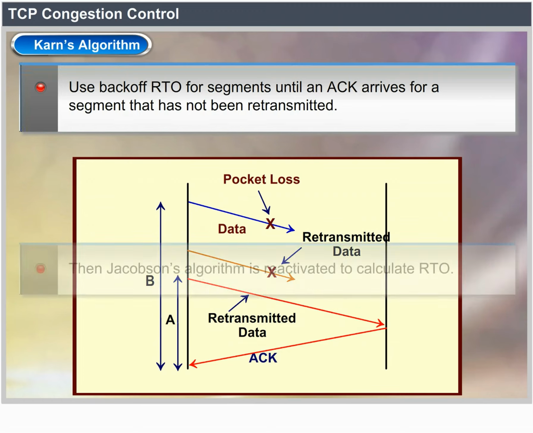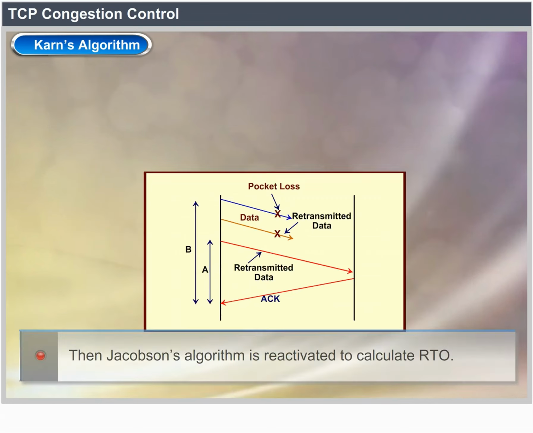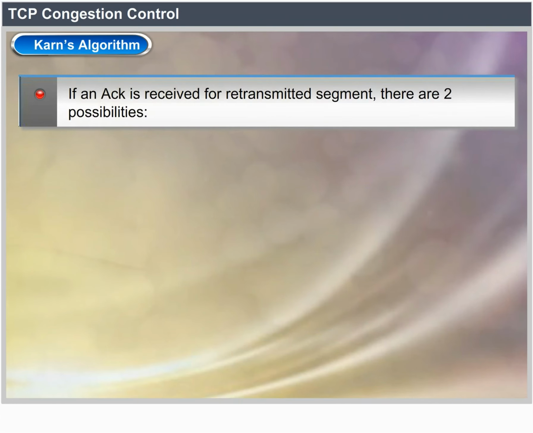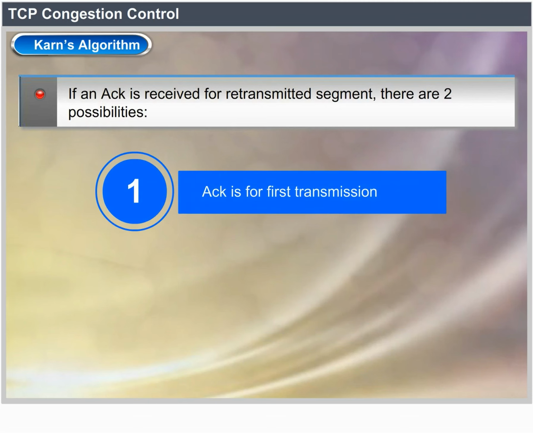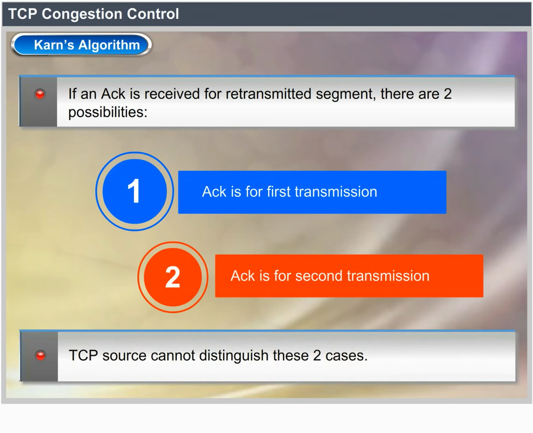Then Jacobson's algorithm is reactivated to calculate RTO. If an ACK is received for a retransmitted segment, there are two possibilities: the ACK is for the first transmission, or the ACK is for the second transmission. The TCP source cannot distinguish between these two cases.